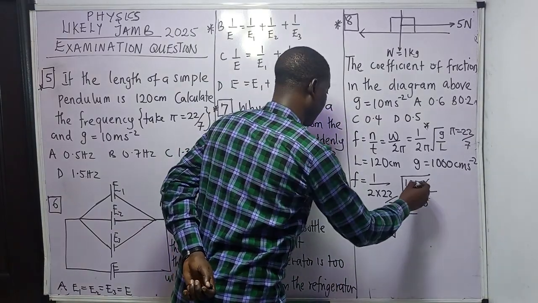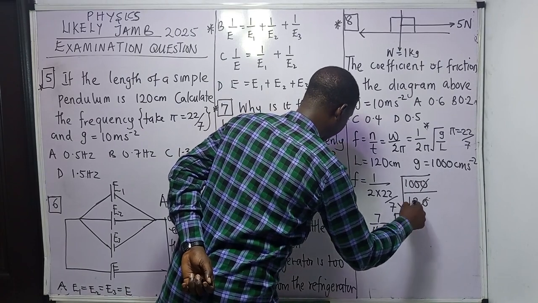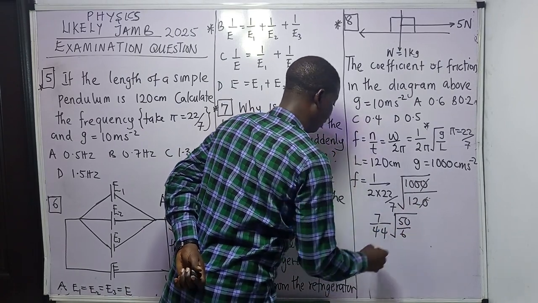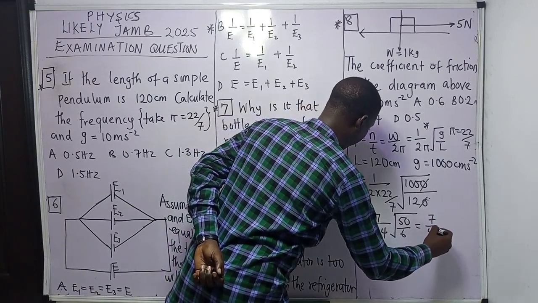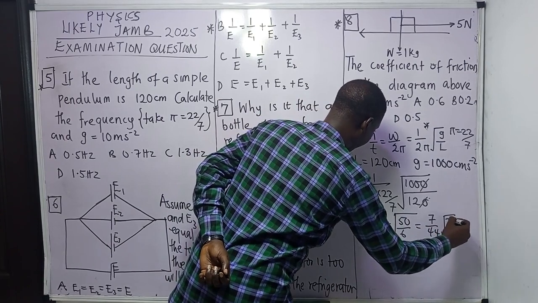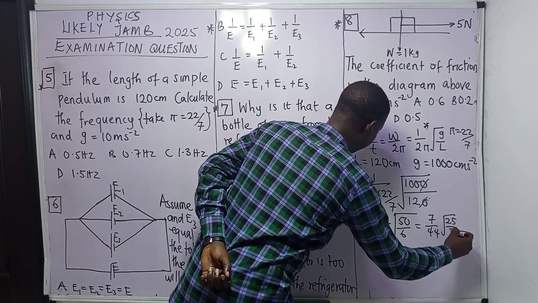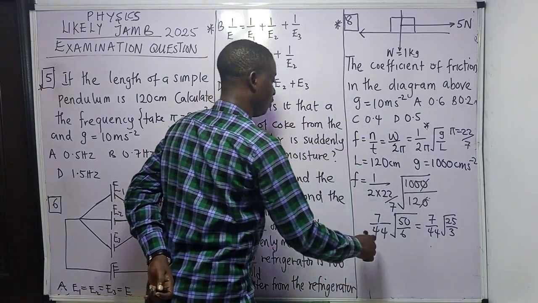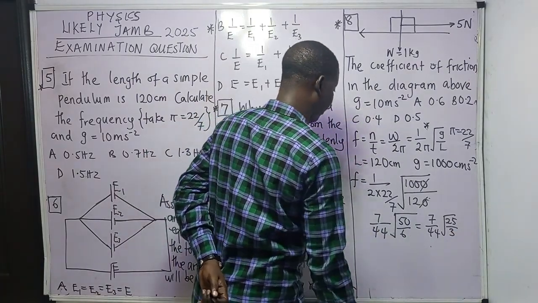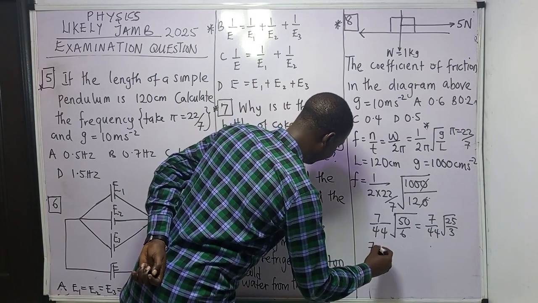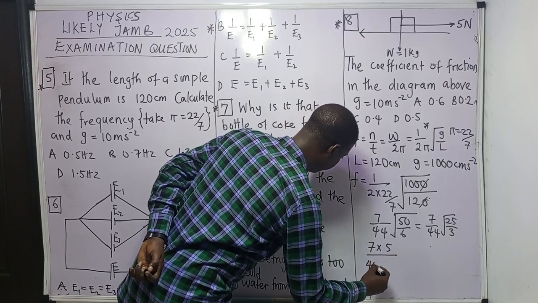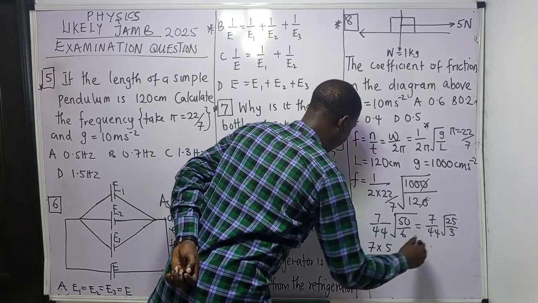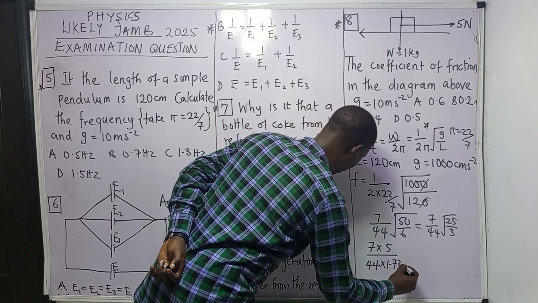Now, 2 here, 50. 2 here, I would have 6. 2 here, I would have 25. That is 7 over 44, or 25 over 3. So 25 now is what? 5. That means 7 times 5 divided by 44 times square root of 3, which is 1.7321.